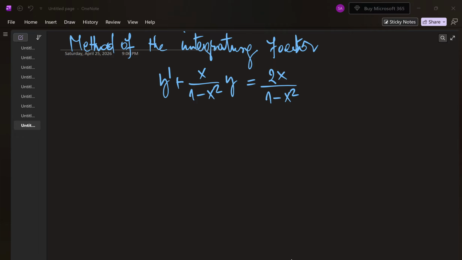Okay? So this is p(x) and this is q(x). Now we calculate the integrating factor.